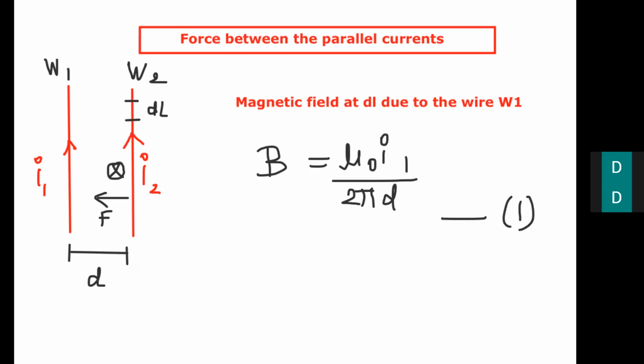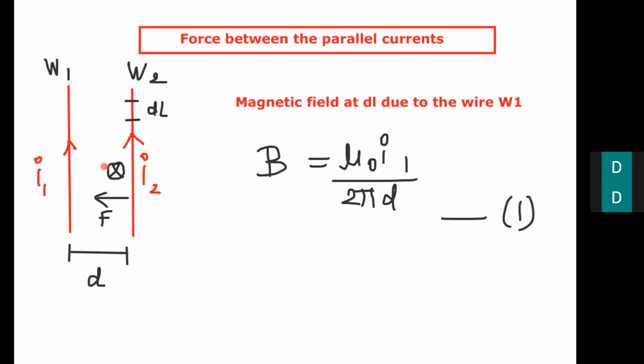Now the field due to the portions of the wire W2 above dl is 0. So equation 1 gives us the net field at dl, and the direction of this field is perpendicular to the plane of the diagram.